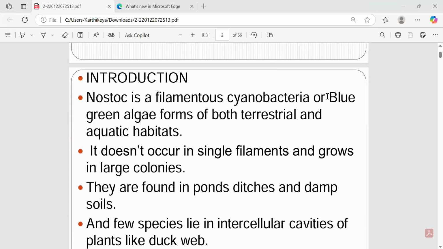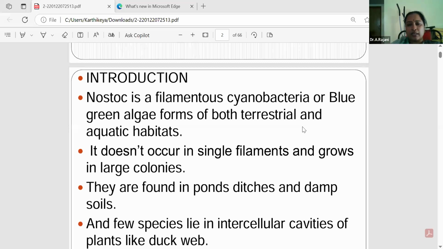Good morning. In yesterday's class, I started explaining the cyanobacteria. Do you know what cyanobacteria is? Three names are there: Myxophyceae, blue-green algae, and cyanobacteria.